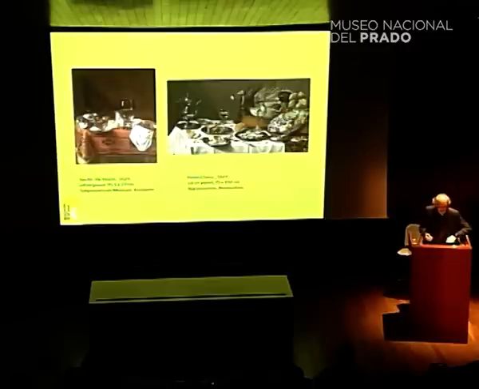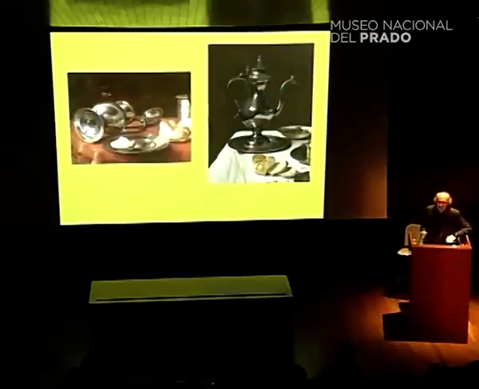For instance, the choice of objects and the light in the Römer glass is very similar. And interestingly, it's also almost the same metal jug in both paintings, as you can see in those details.